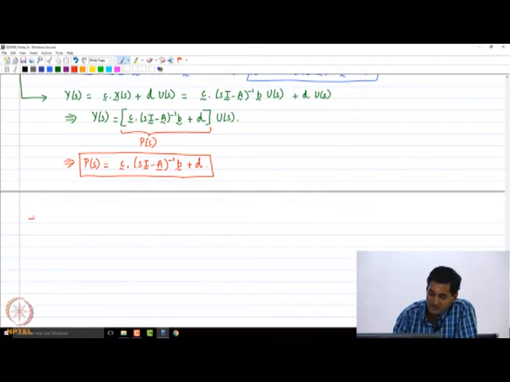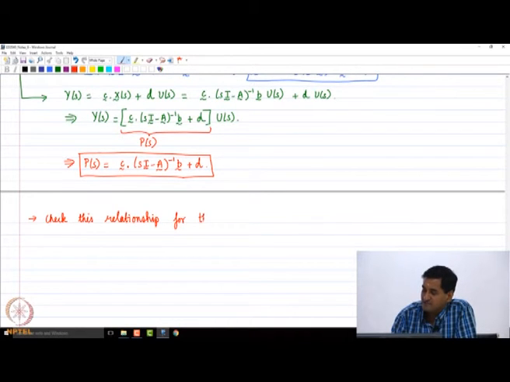As homework, I am going to ask you to check this relationship for the mass spring damper system. We already know the transfer function and A, B, C, D for the mass spring damper system. Please check it.